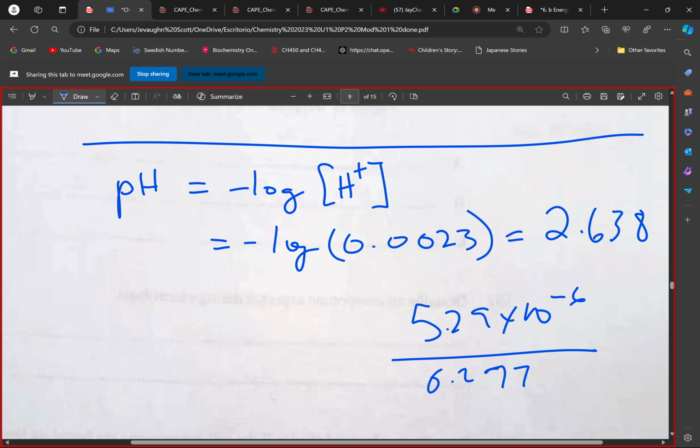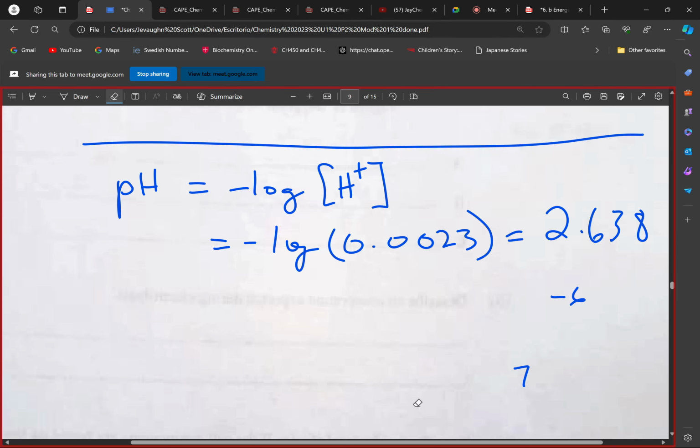But that won't work. Okay, that won't work unless we are given K. Alright, never mind. So how can we use Ka to find it?